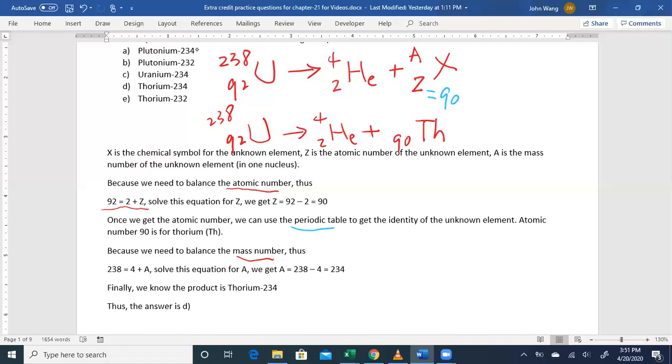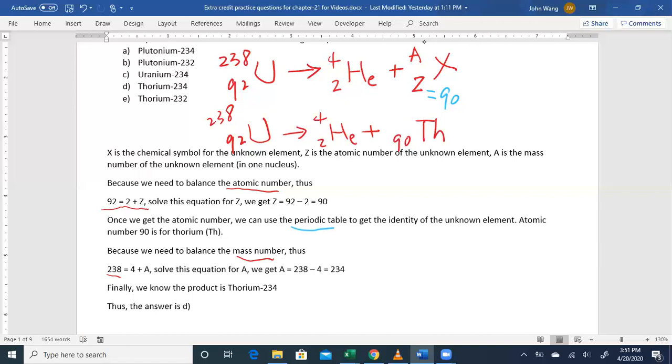The starting nucleus has mass number 238, so 238 equals the mass number of all those products. We have 4 for the helium nucleus or the alpha particle, and A for the unknown element.